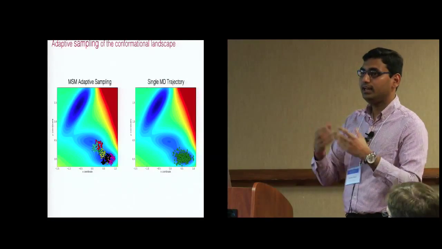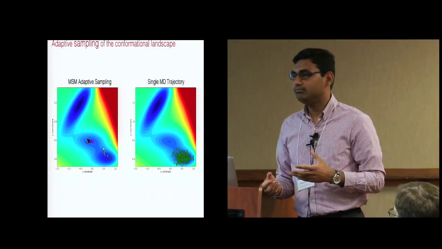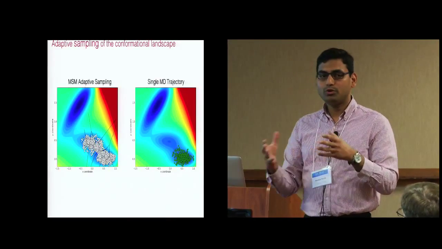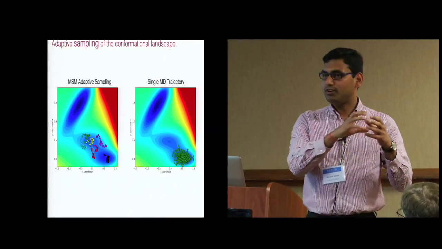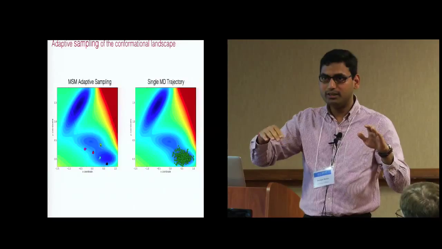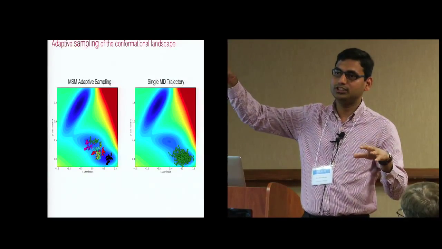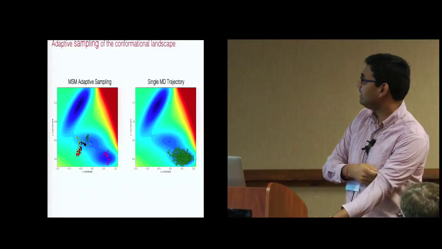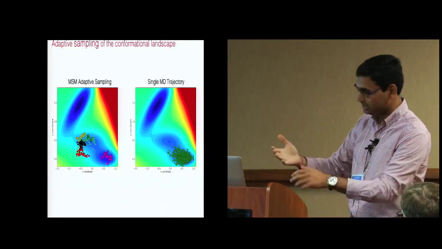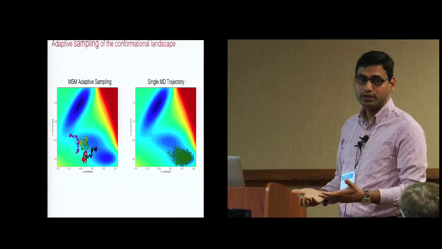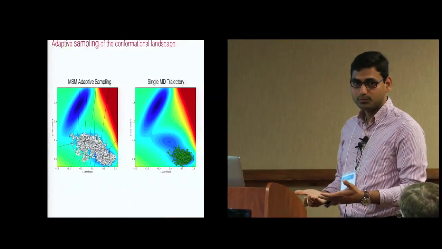If you take any long time scale MD paper that has been published, what you'll probably see is a trajectory that's just sitting at one basin for a very, very long time, and then a sudden thermal fluctuation takes it over to the other state. But the problem here is that even if that sudden thermal fluctuation happens once, you need it to happen maybe 10 or 20 times to get some statistics out of that process.